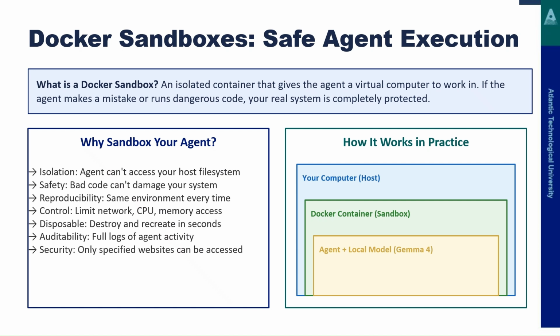Essentially, the local model would run inside the sandbox, and then the sandbox runs inside your computer. When we have this separation of these environments, that makes it a lot more safe. So the agent can run whatever code it wants in the sandbox. It can't do any damage beyond that. And if it does damage it, then we just delete it and we create another one.